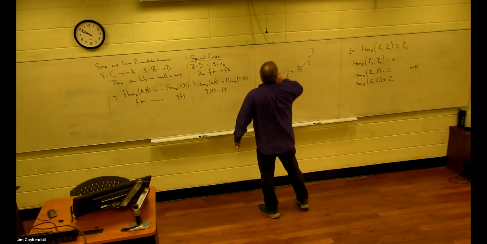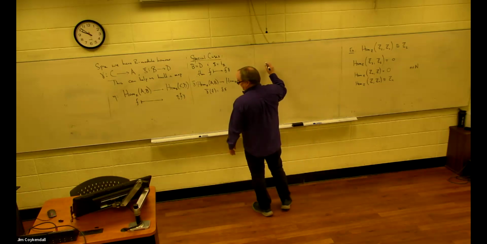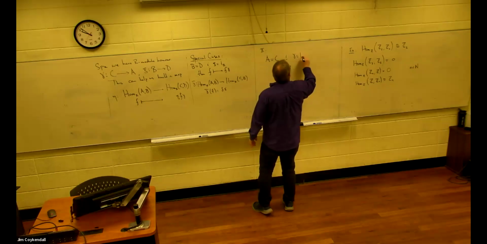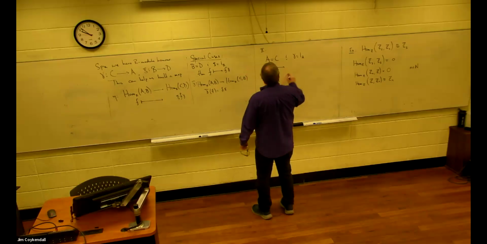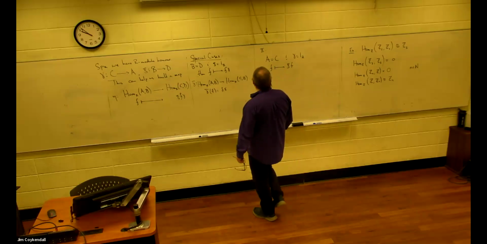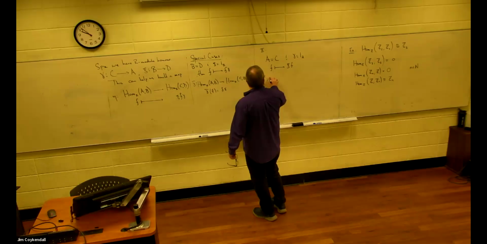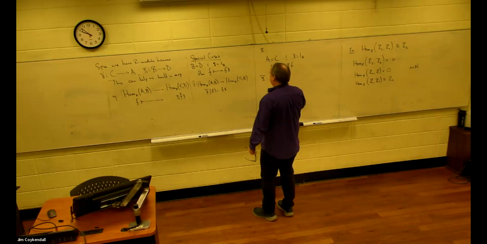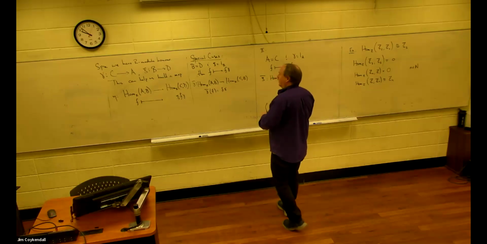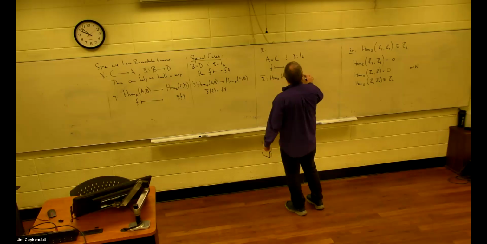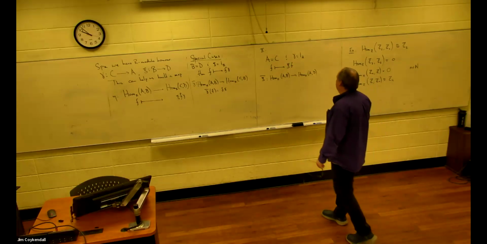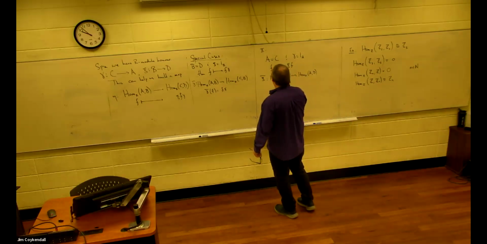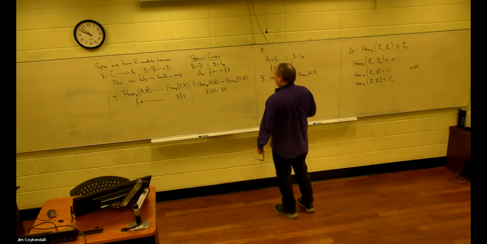You could do the same thing by letting A equal C. So my other special case will be A equals C. And in this case, gamma is the identity on A. So then what we have is F goes to tornado F, from Hom_R(A,B) to Hom_R(A,D).